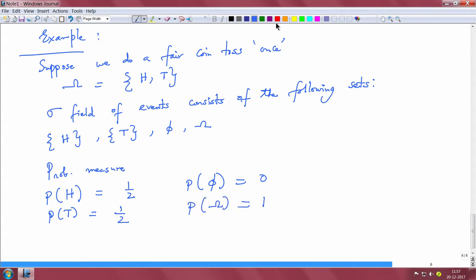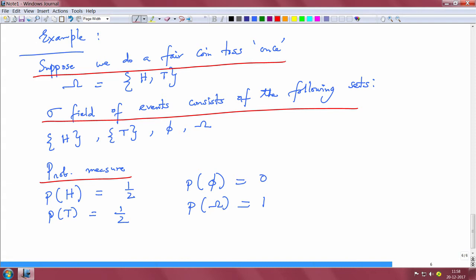So, this gives you an idea what we are referring to. So, this is our object omega, this is the field, this is the probability measure P, and this is the probability space for a fair coin toss experiment. Okay.